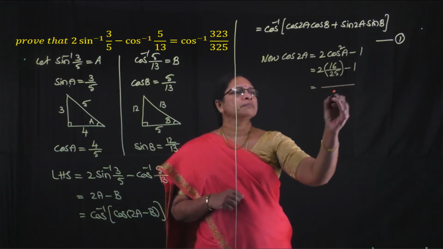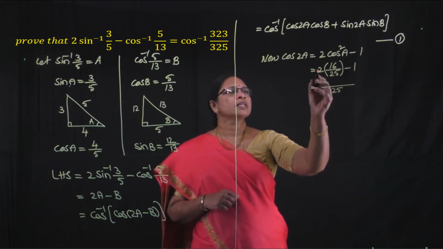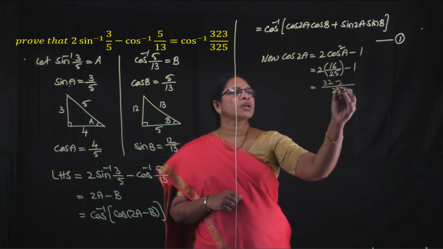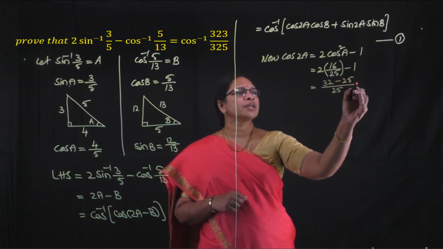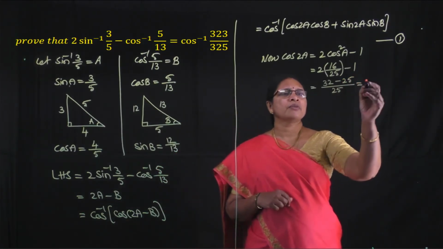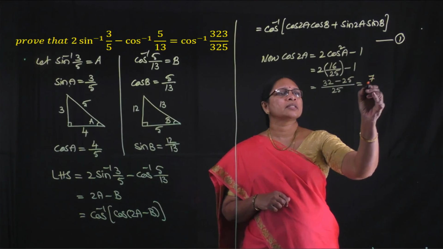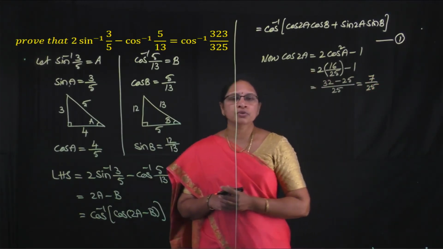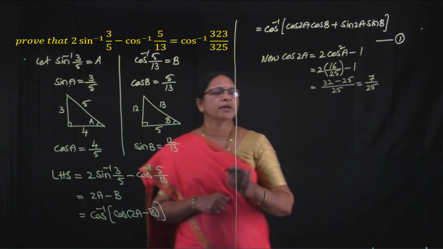Take LCM, 25 is LCM, 2 into 16, that is 32, minus 1 into 25 is 25. Here 32 minus 25 by 25, that is 7 by 25. Here the value of cos 2A is 7 by 25.